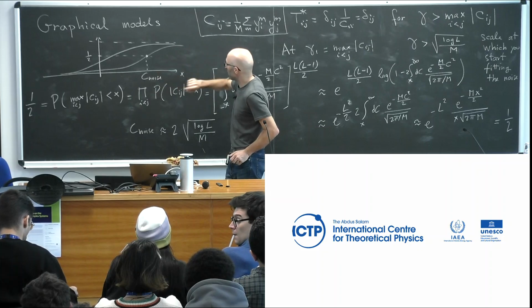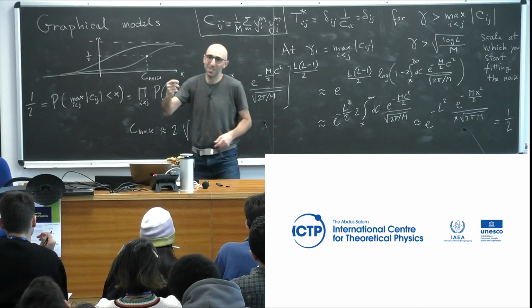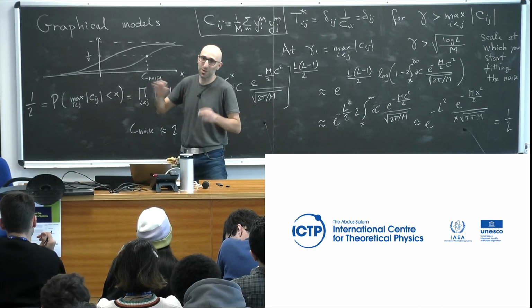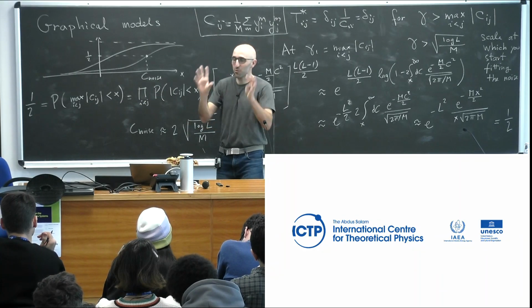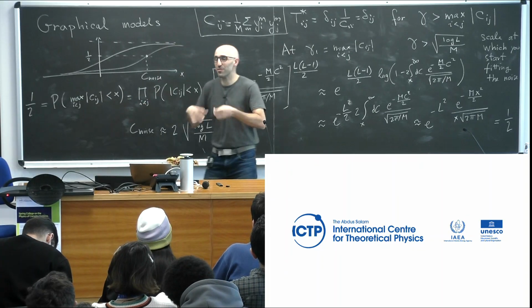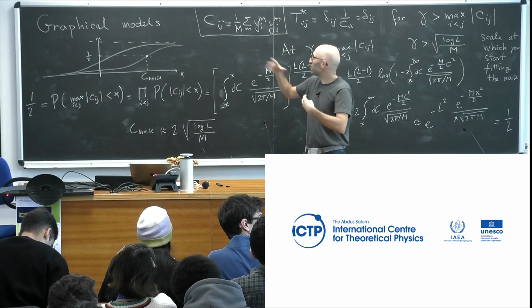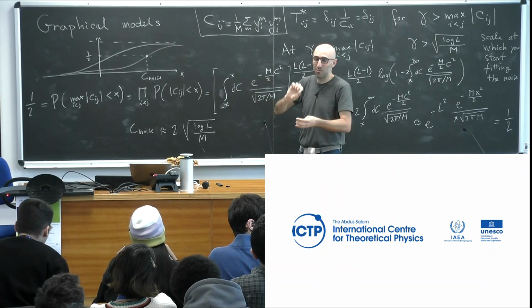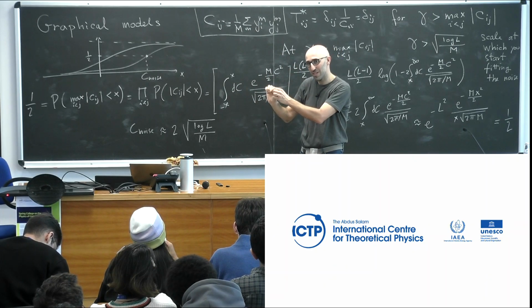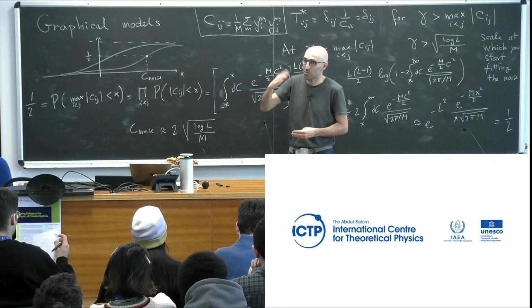C noise is the value of x such that the probability that the maximum C is smaller than x is 1/2. So C noise is the typical value of the maximum. You have this matrix Cij that should be 0 off diagonal, but because of noise, it is non-zero. I want to look at the biggest matrix element, and C noise is the biggest matrix element, which is random.